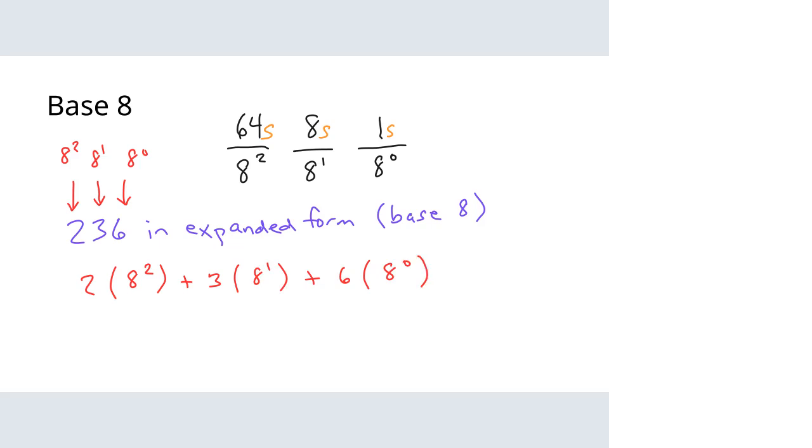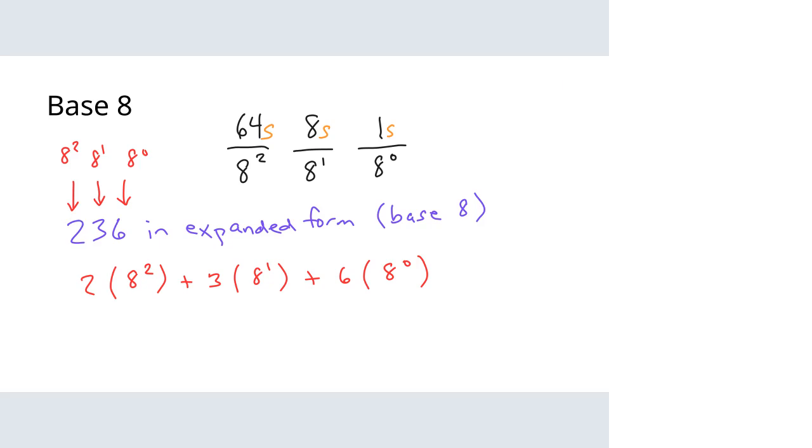Before I go forward, I want to give you a chance to ask any questions about that. Because we're in base 8, now we have 64s, 8s, and 1s. What that number 236 means is we have 2 64s, 3 8s, and 6 1s.